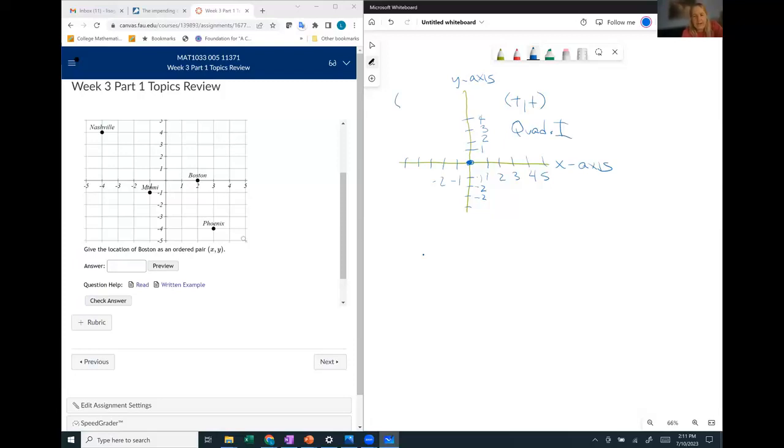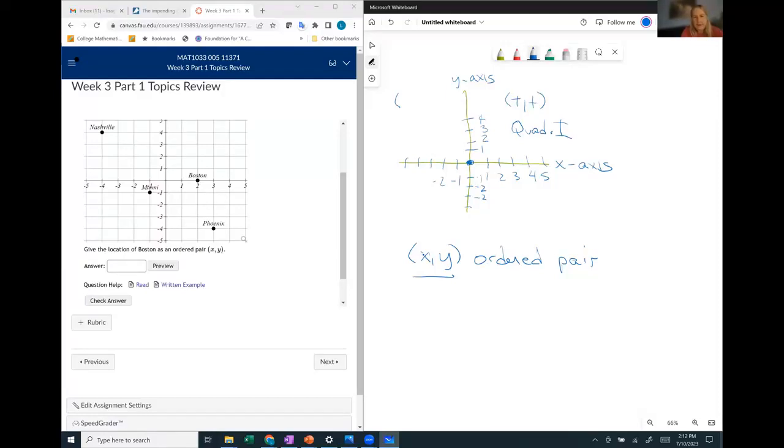We always write x comma y as an ordered pair. It's called an ordered pair because it has an order: x always comes first, y always comes second. And it's a pair because there's two, obviously.